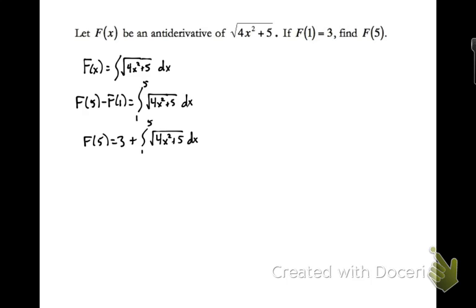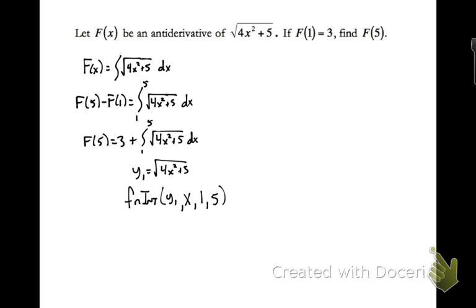And again, in y1, I'll put the square root of 4x squared plus 5, and then it's math 9 to get function integrate on my calculator. And with parentheses, I'll have y1. Again, y1 comes from vars, y-vars, function, y1, comma x, because I'm integrating with respect to x, comma 1, comma 5, because those are my limits of integration.